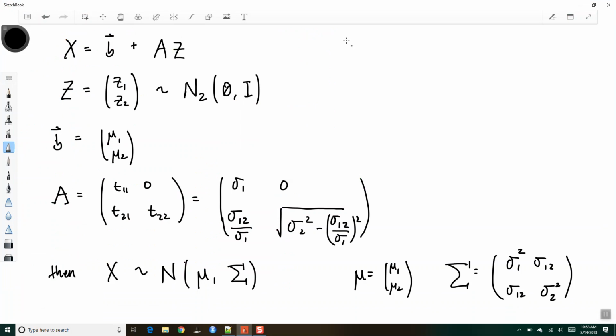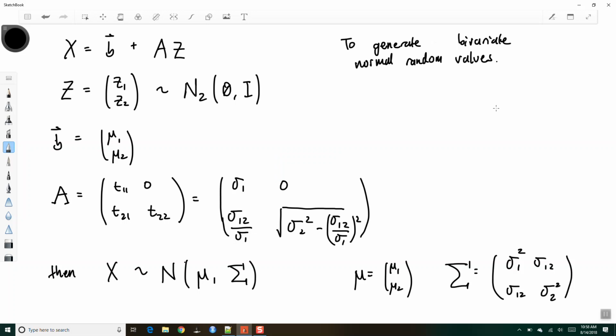Okay, so this is to generate bivariate normal random samples, random values. And it requires us to generate independent normal random values.